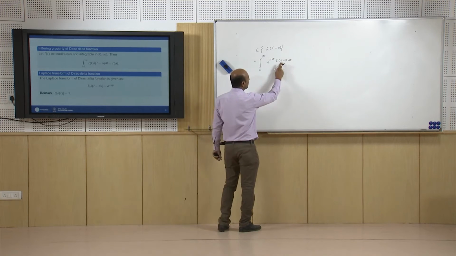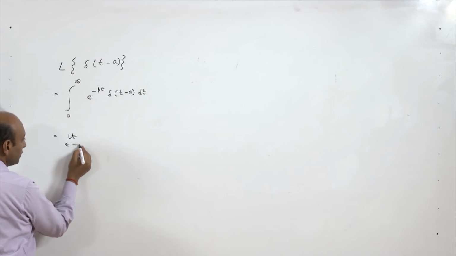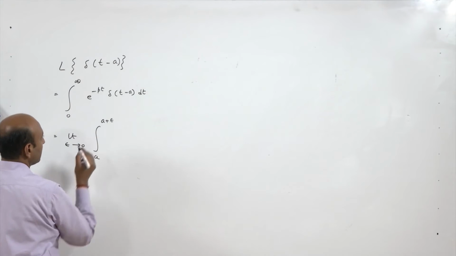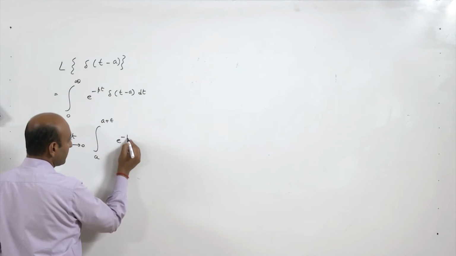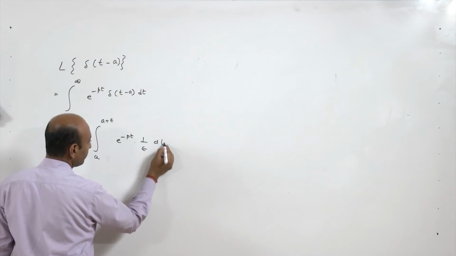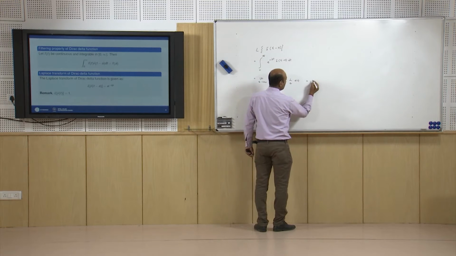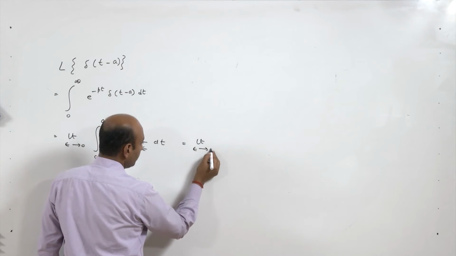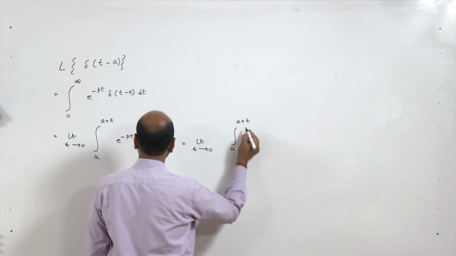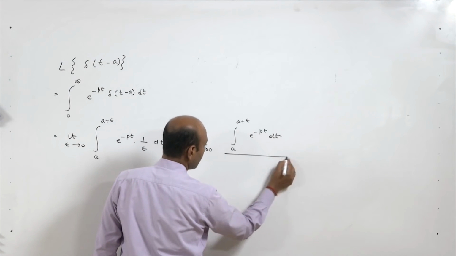Now, by the definition of Dirac delta function, it is equal to limit epsilon tends to 0 integral a to a plus epsilon e to the power minus pt into 1 by epsilon dt, which is further equal to limit epsilon tends to 0 of integral a to a plus epsilon e to the power minus pt dt upon epsilon.